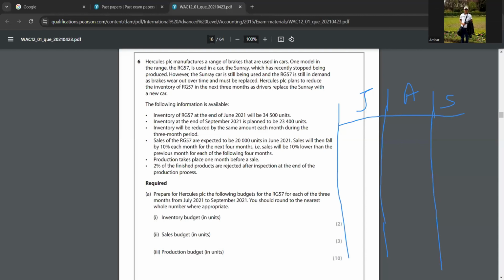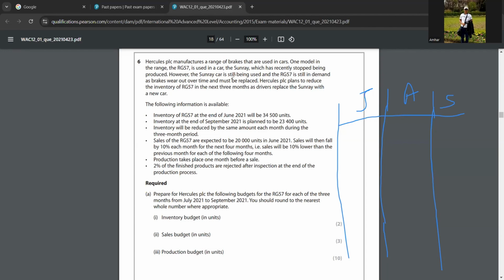So in this question, they're saying Hercules PLC manufactures a range of brakes that are used in cars. One model in the range, the RG57, is used in a car, the Sunray, which has recently stopped being produced.